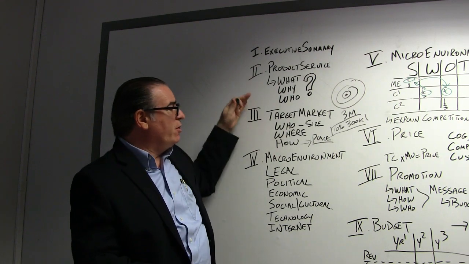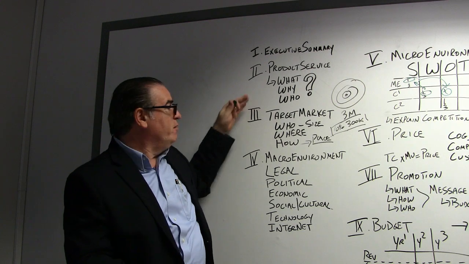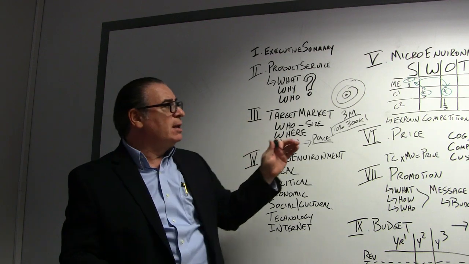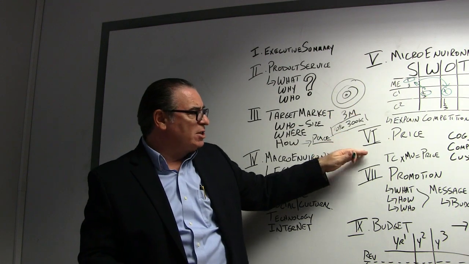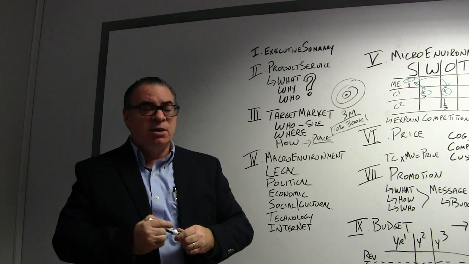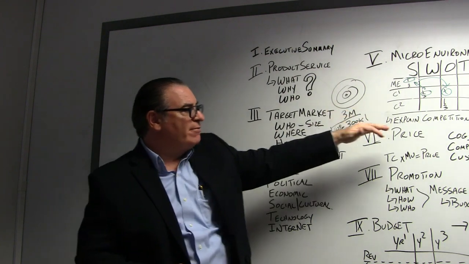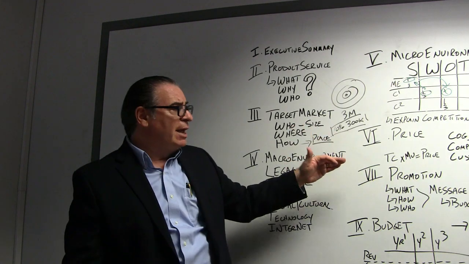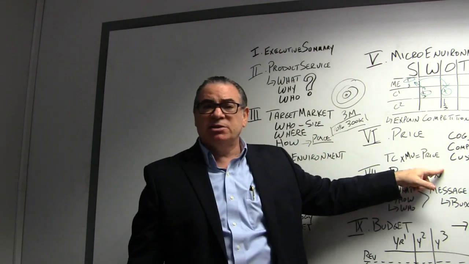So after you get through the product, service, the target market, the macro environment, and the micro environment, the next section is your price. How do you price the product? Well, we know you have to understand the marketplace in order to price your product, and then we talked about those 3 C's.